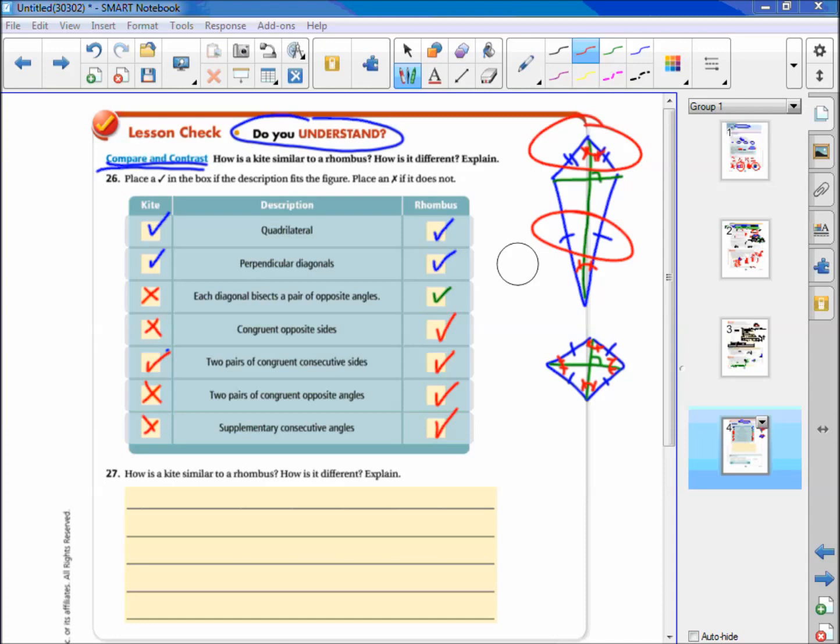Okay, so how is a kite similar? So the similar is going to be, let's see, they're both quadrilaterals, they both have perpendicular diagonals, and they both have two pairs of congruent consecutive sides. So how are they similar?